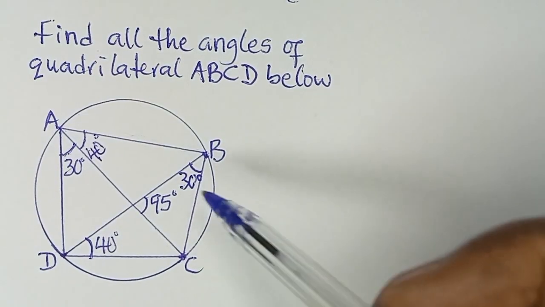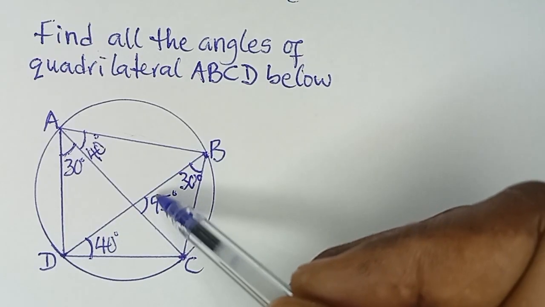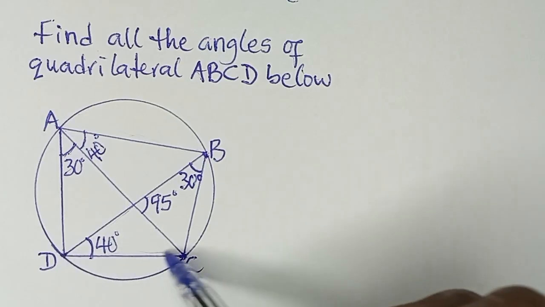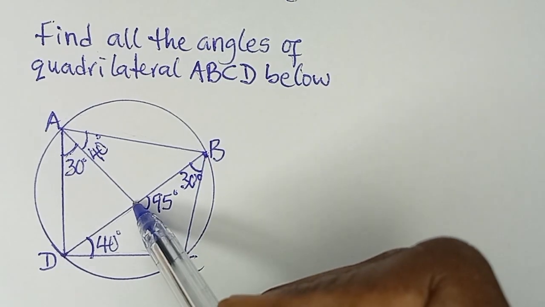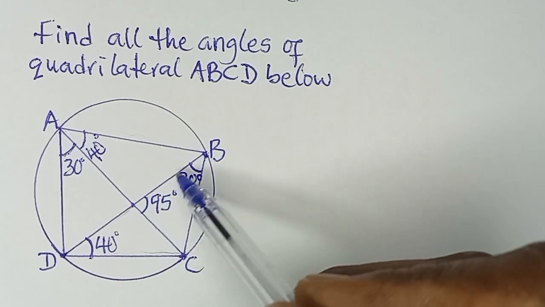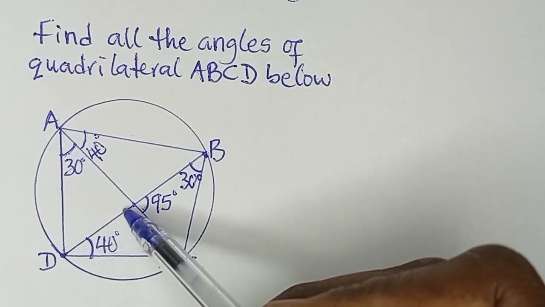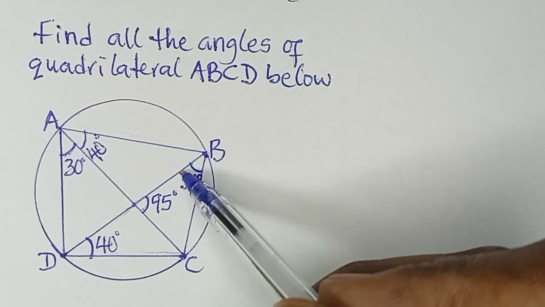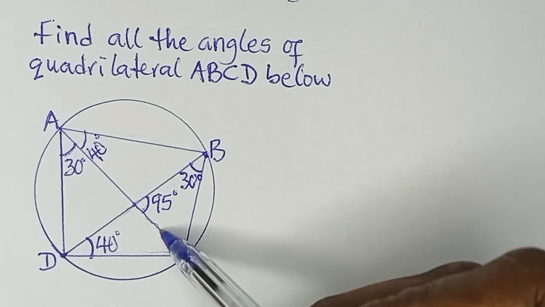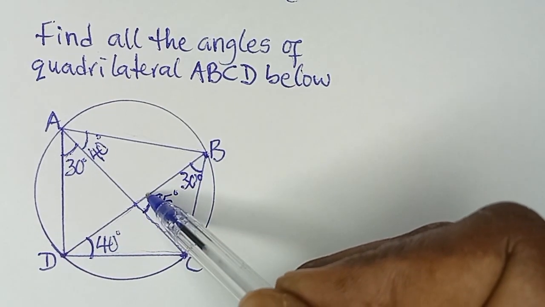Now, let's look at this 45 and this 95 degrees. This is a triangle here. So this triangle has this external angle 95 degrees. When you have a line from a triangle that extends outward, that line forms an angle with one of the other lines of the triangle. So this becomes an exterior angle of the triangle.